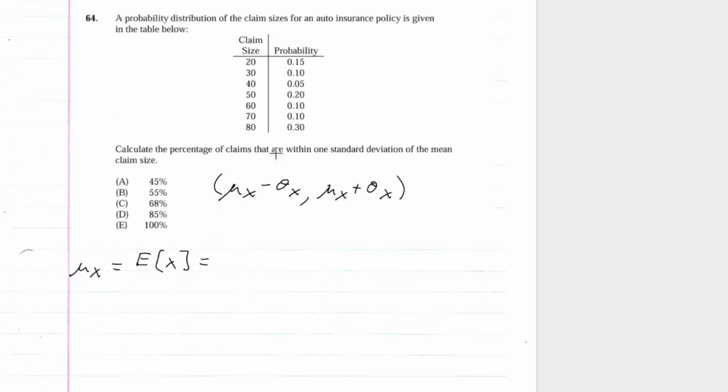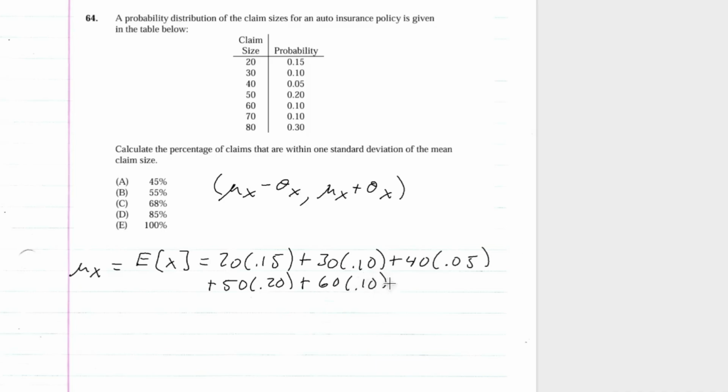And the expected value of x is just 20 times 0.15 plus 30 times 0.10 plus 40 times 0.05 plus 50 times 0.20 plus 60 times 0.10 plus 70 times 0.10 and then plus 80 times 0.30, which gives us 55. So the expected value, or the mean of x, is 55.